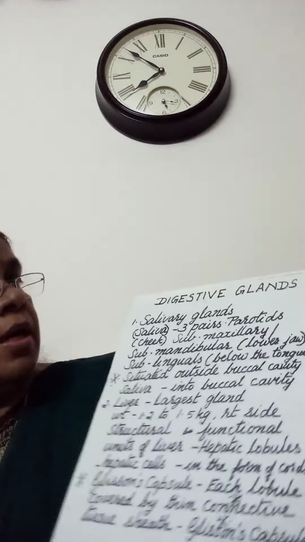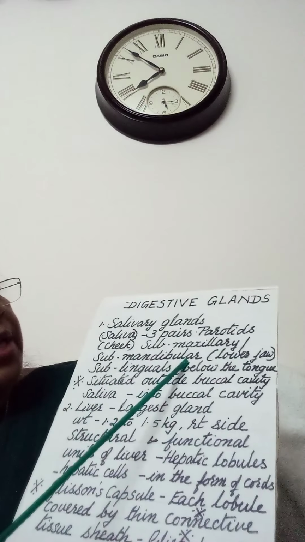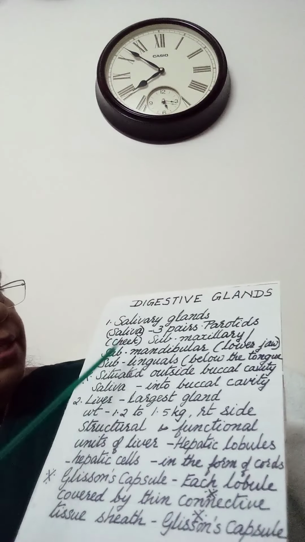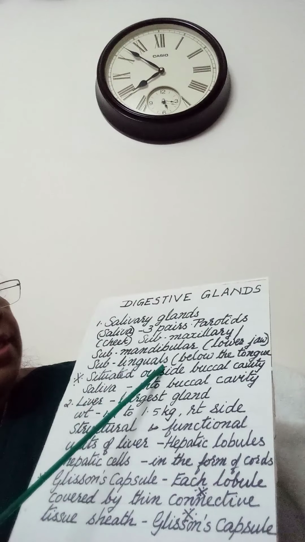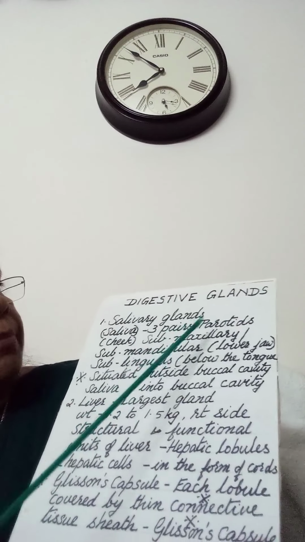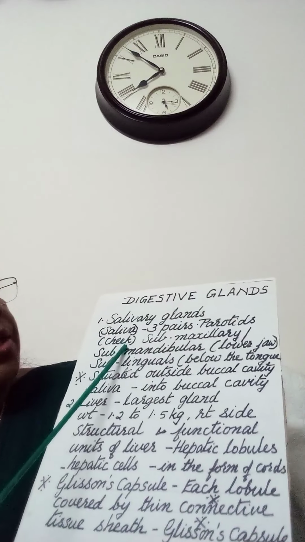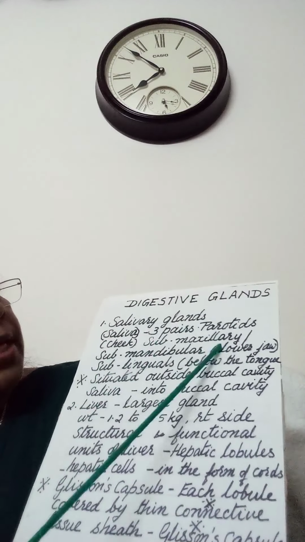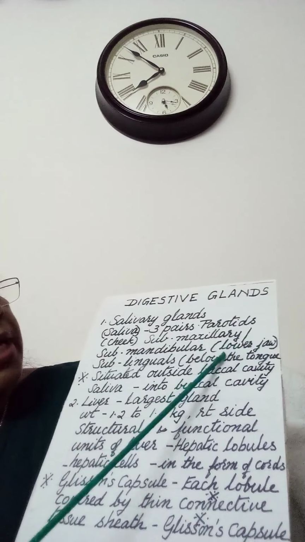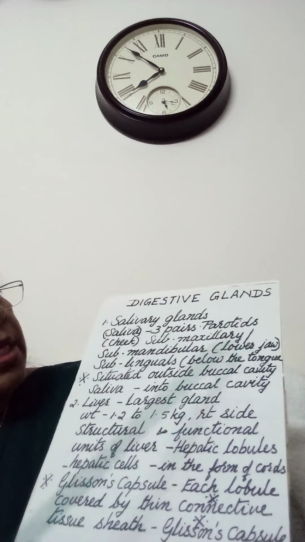There are 3 pairs of salivary glands. They are parotid glands, submaxillary or submandibular glands and sublingual glands. Parotid glands are found near the cheek. Submaxillary or submandibular glands are found at the lower jaw.